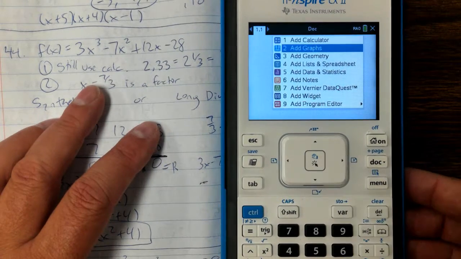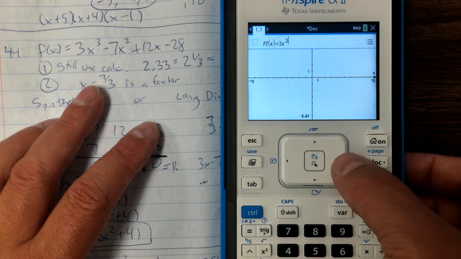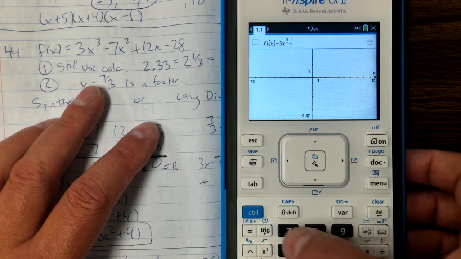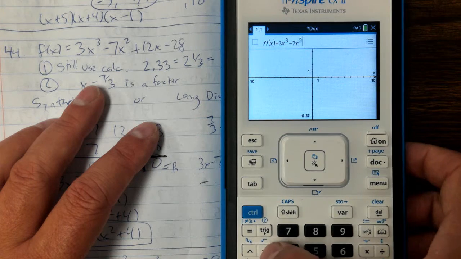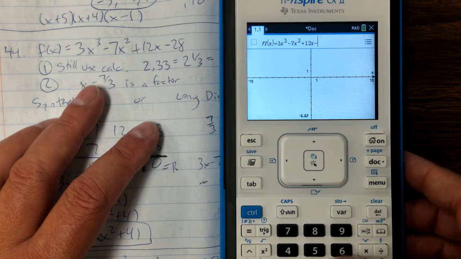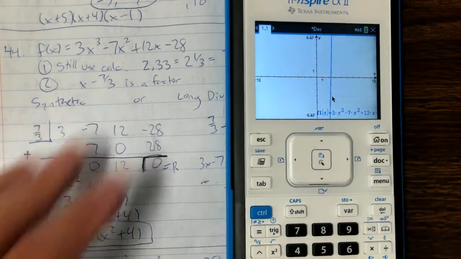And so you want to put 3x up arrow 3. Make sure you go to the right and don't stay up above there. Minus 7x squared plus 12x minus 28. Push enter. And I only see one.